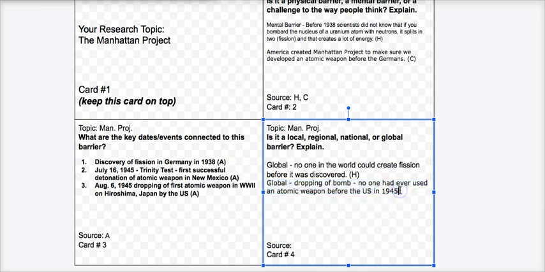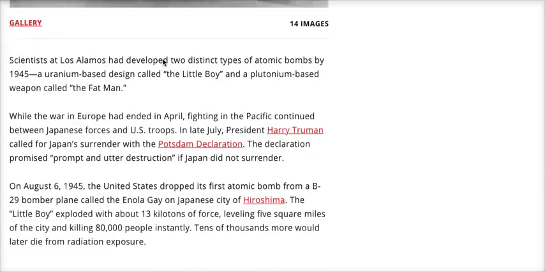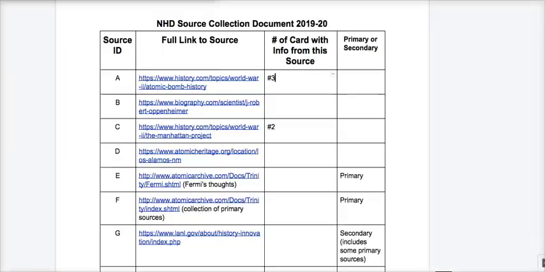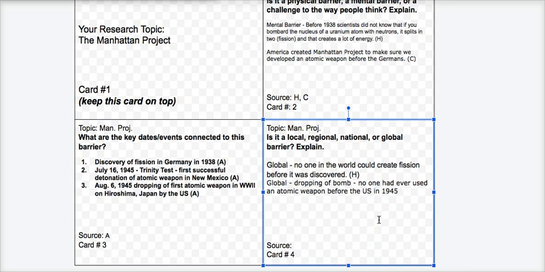And this one is from here. So that's the atomic bomb history, which is A. So I'll go back to my card, and this one's A. Okay, so for card 4, I've used sources H and A.